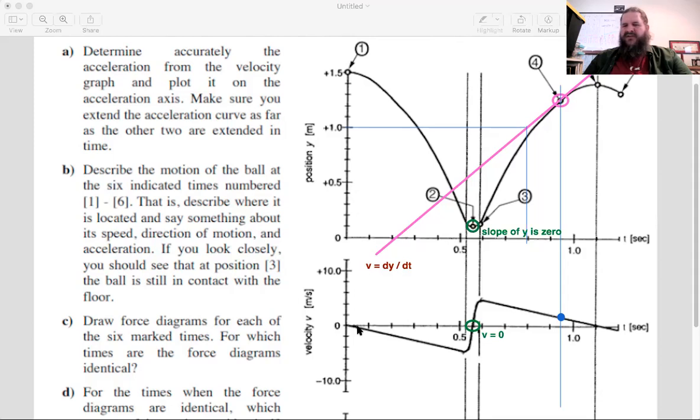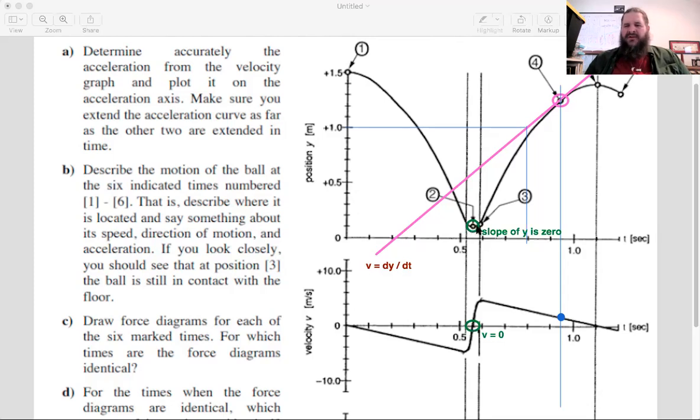And note that the velocity is changing throughout this entire process as well. We start with 0 velocity because we have 0 slope. The position graph is flat at this instant. And then as the position gets a steeper and steeper downward slope, velocity becomes more and more negative. If we focus on this tiny bit of time in the middle here, though, we suddenly stop getting steeper and start getting less steep, which means the velocity becomes less extremely negative. The position graph flattens out, has 0 slope for an instant, so the velocity graph passes through 0 as a value.